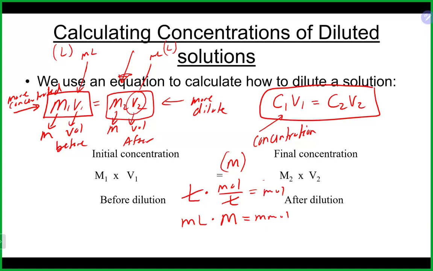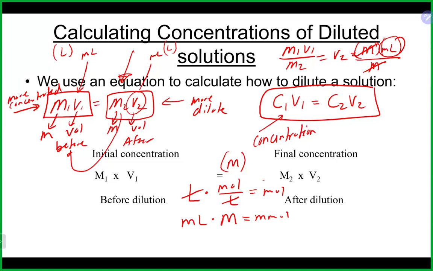And it works okay in this equation because, let's say we wanted to solve for V2. So M1, V1, and we would divide M2 to this side. M2 would equal V2. Now, if you just put in the units here, molarity, and I did milliliters for my volume, and I divided by molarity, the molarities will cancel, and you'll just end up with milliliters as your units, which is perfectly fine.